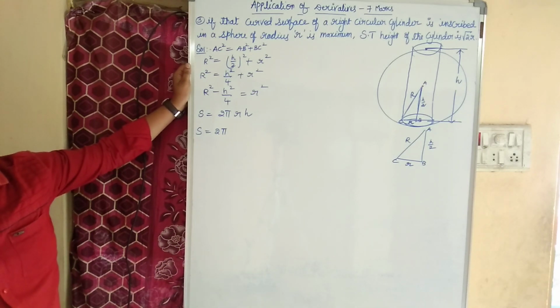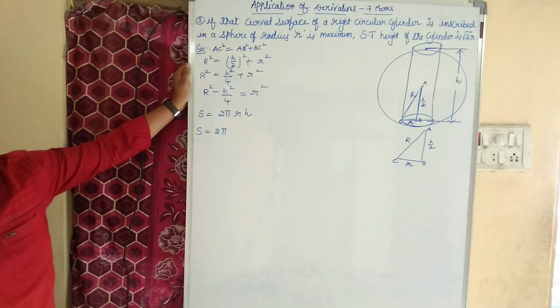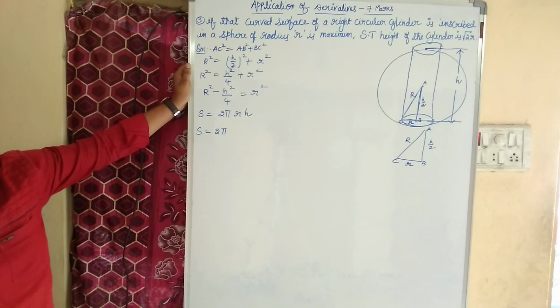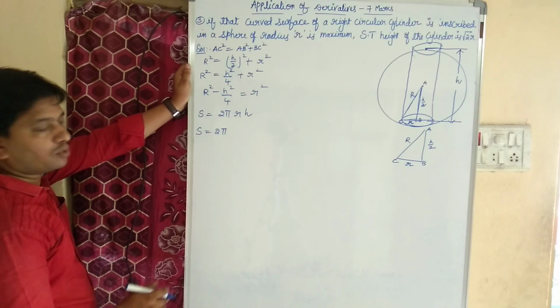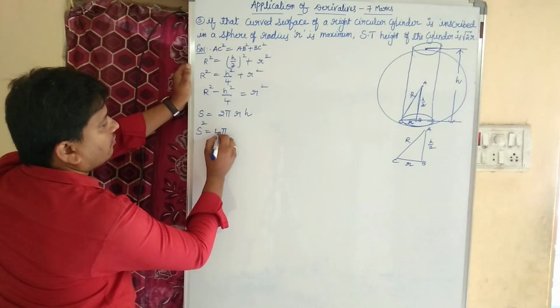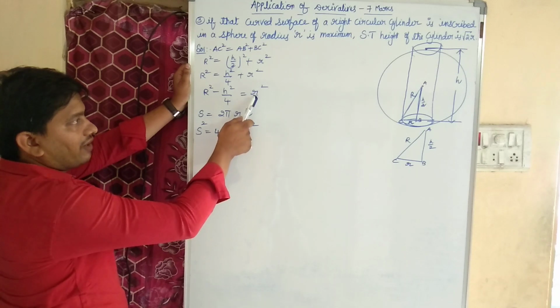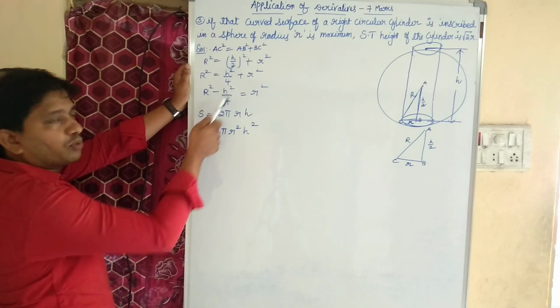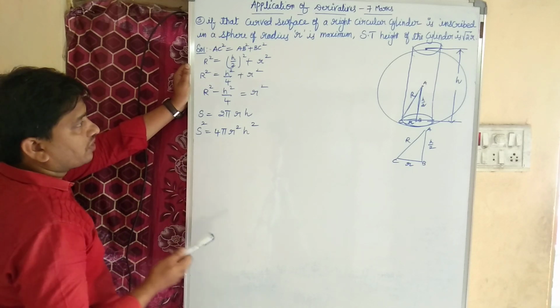What is r here? r square equal to capital R square minus h square by 4. So squaring on both sides, S square equal to 4 pi square r square h square, because we have the value of r. In place of r we can put the root of R square minus h square by 4 also, but the root will make it difficult.